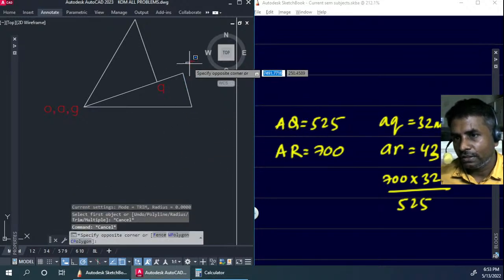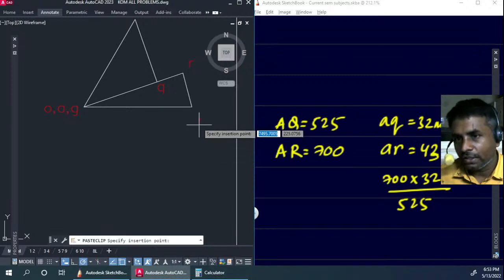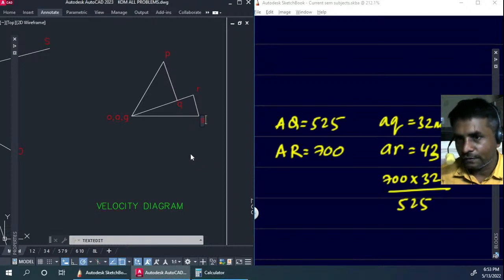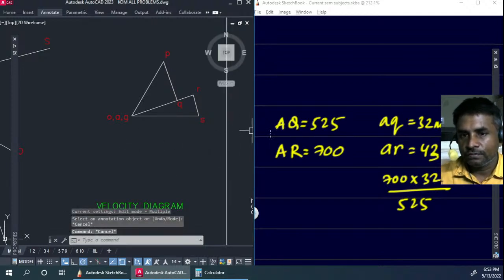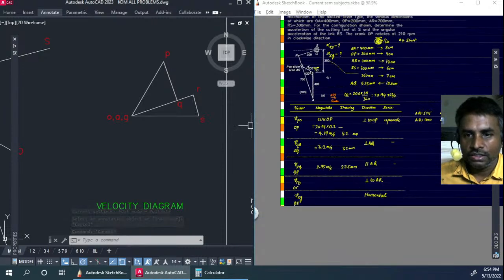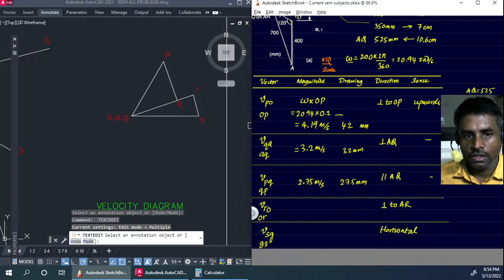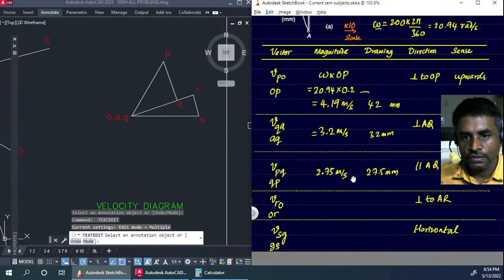Let's remove it, and the point that we get here is the point s, and by measuring these values we will be able to find the remaining velocities.